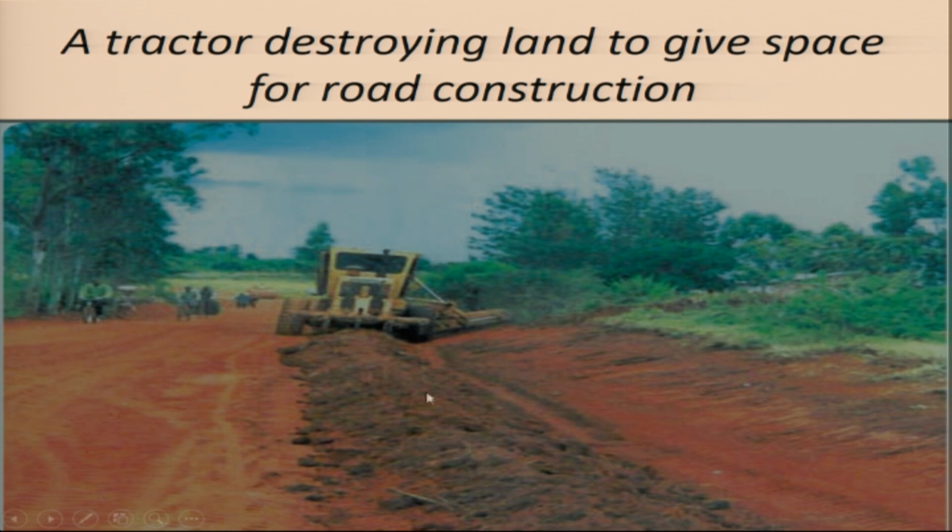And now as they started to plan to construct roads, you see the tractor tried to destroy everything, all the plants that were there, including those small living organisms, some were chased away, others were killed, all right?